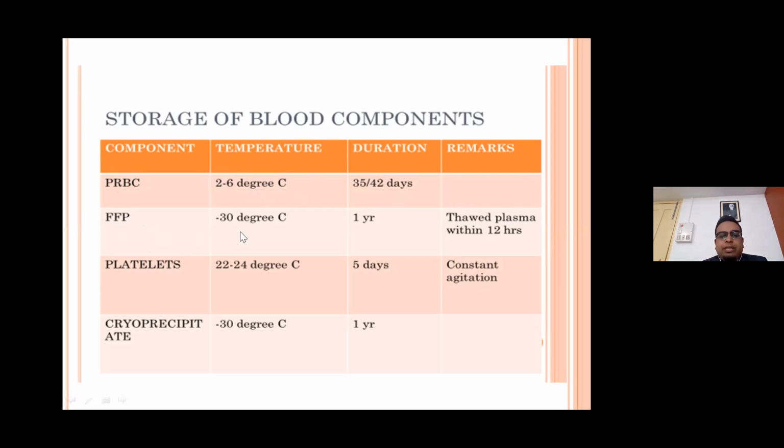FFP is stored at minus 30 degrees centigrade for 1 year. Platelets have the shortest shelf life of 5 days, and are stored at 22 to 24 degrees centigrade. Cryo has the same shelf life and storage temperature as FFP. So that is about the storage of the blood components.